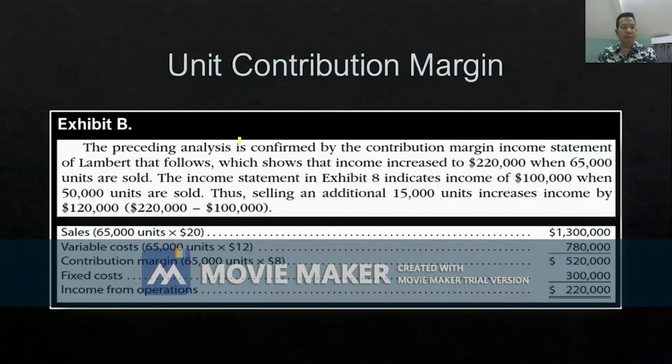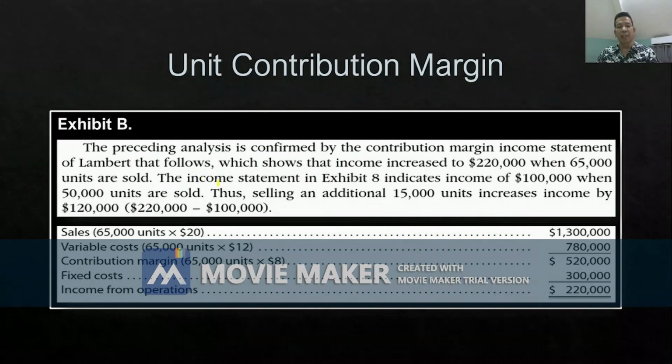In this exhibit, the preceding analysis is confirmed by the contribution margin income statement of Lambert that follows, which shows that the income increases to $220,000 when 65,000 units are sold.